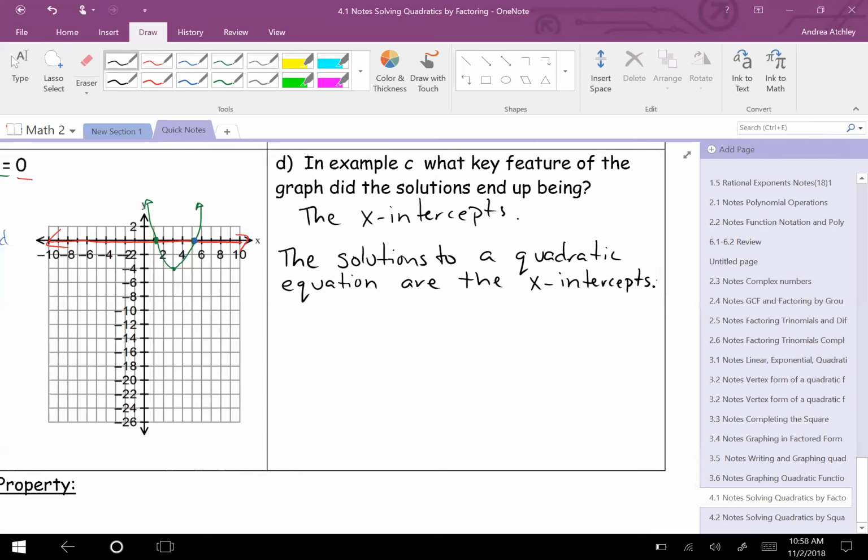Any questions over that? Okay, so when we're solving a quadratic equation, what we're looking for are the x-intercepts.